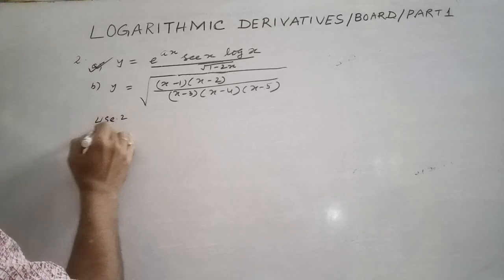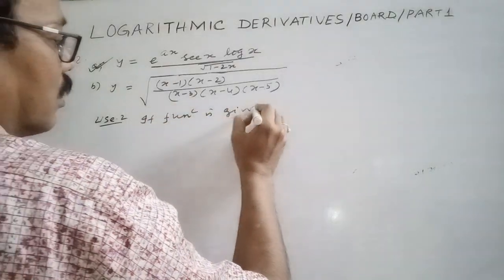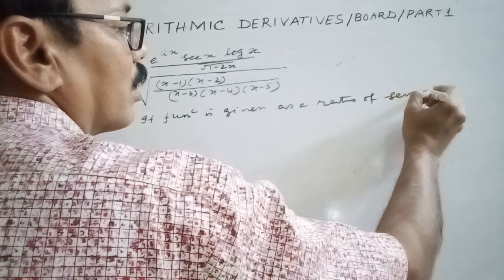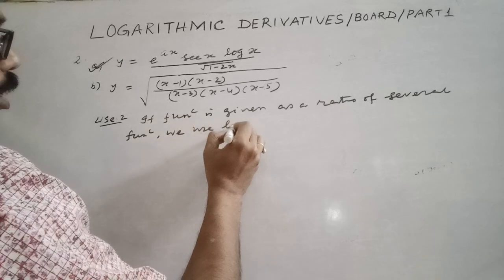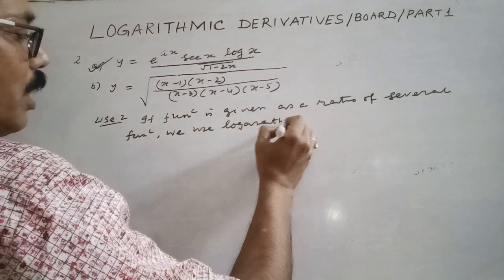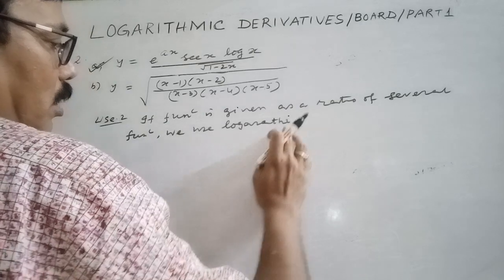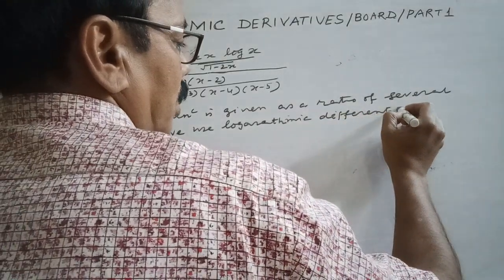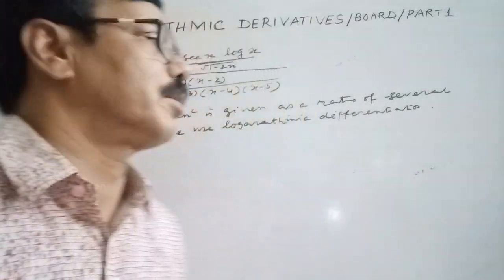Use 2: a function is given as a ratio of several functions, we use logarithmic derivative or differentiation. This should be noted.